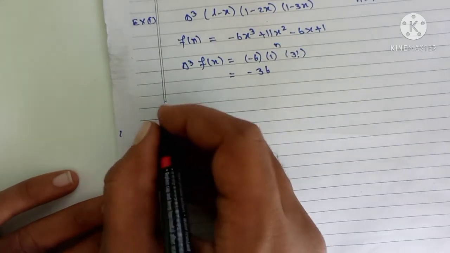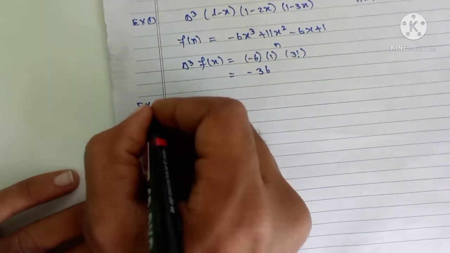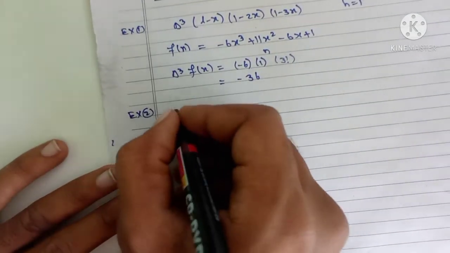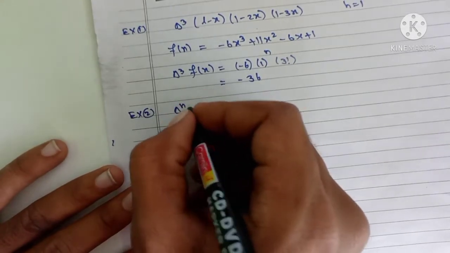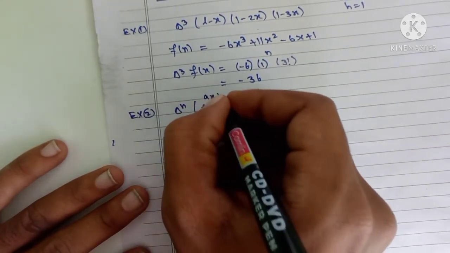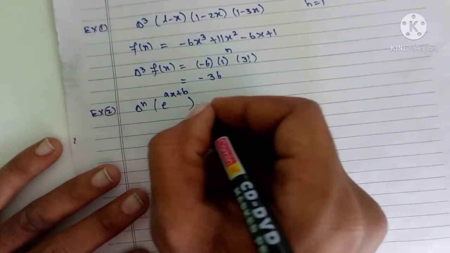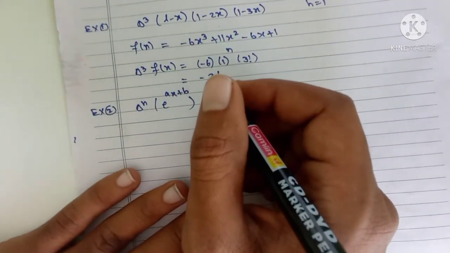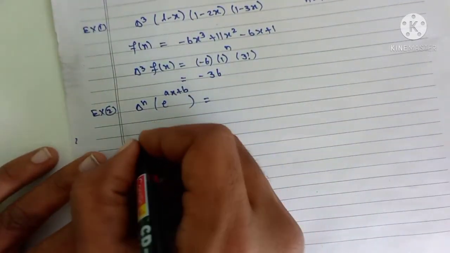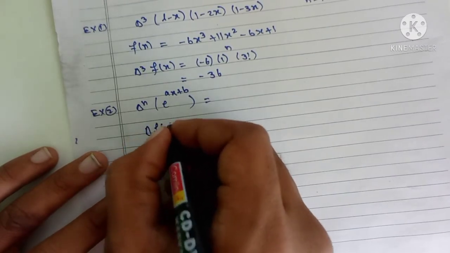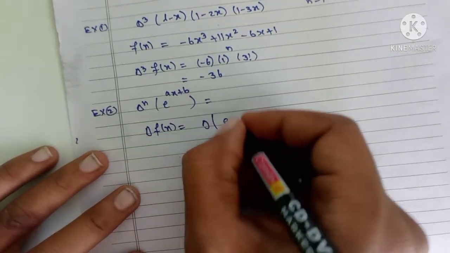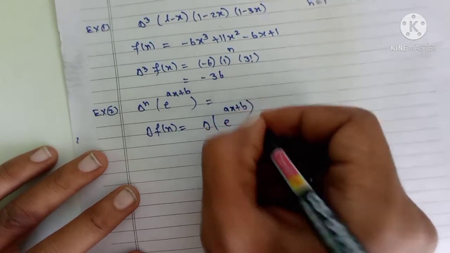Now example second. Find delta raised to n of e raised to ax plus b. Now let us find delta f of x, that is delta e raised to ax plus b.